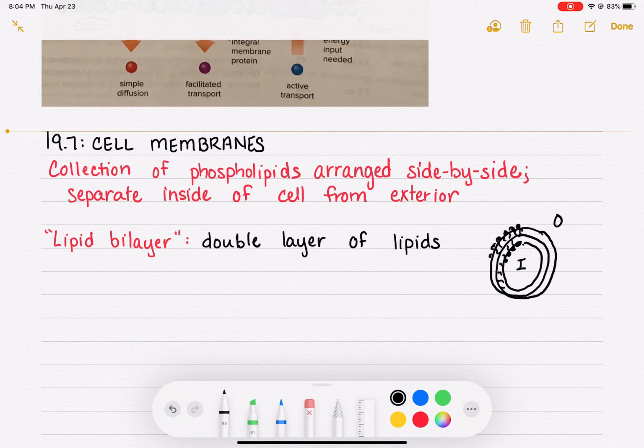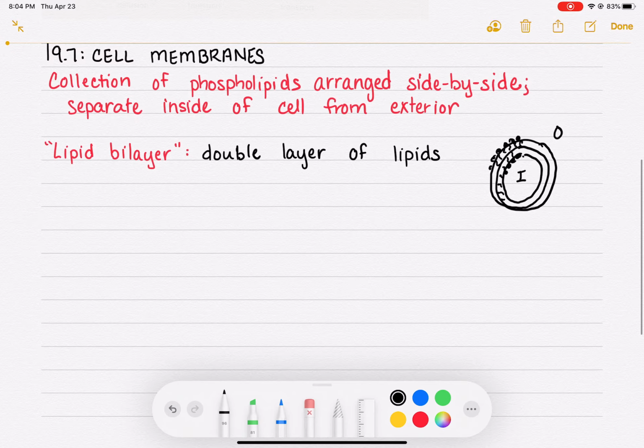The purpose of a cell membrane, in addition to holding the insides of the cell in place, is to move things in and out of the cell.